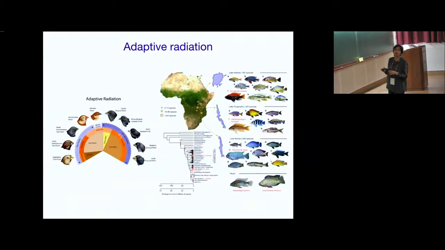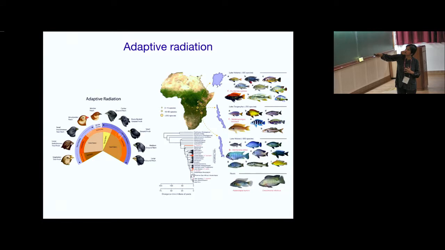Here's another very famous example of adaptive radiation, which are the cichlid fish. There are these three different lakes in Africa, in this area, which have been intensively studied for, again, many decades. Here's a phylogeny. It's similar to the tree I drew for you earlier. And you can see these branches are all very short, relative to these larger branches, which are fish from other parts of this continent, right?